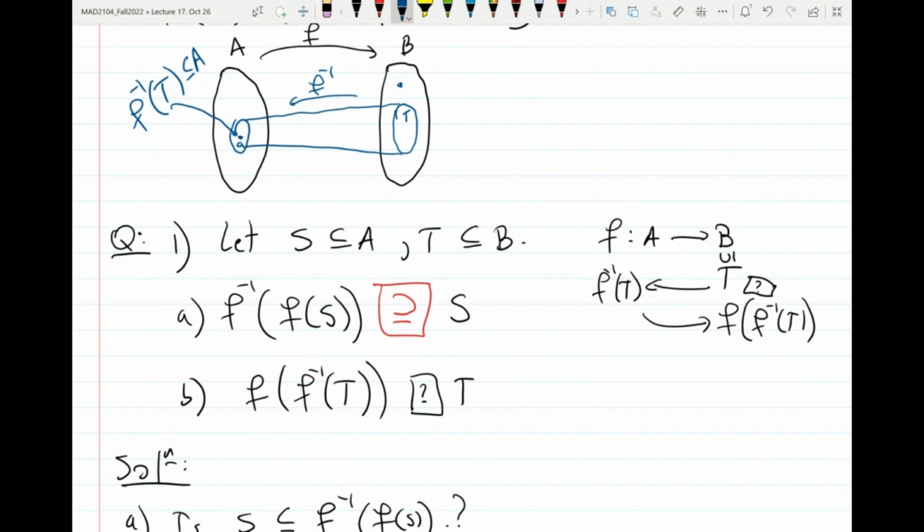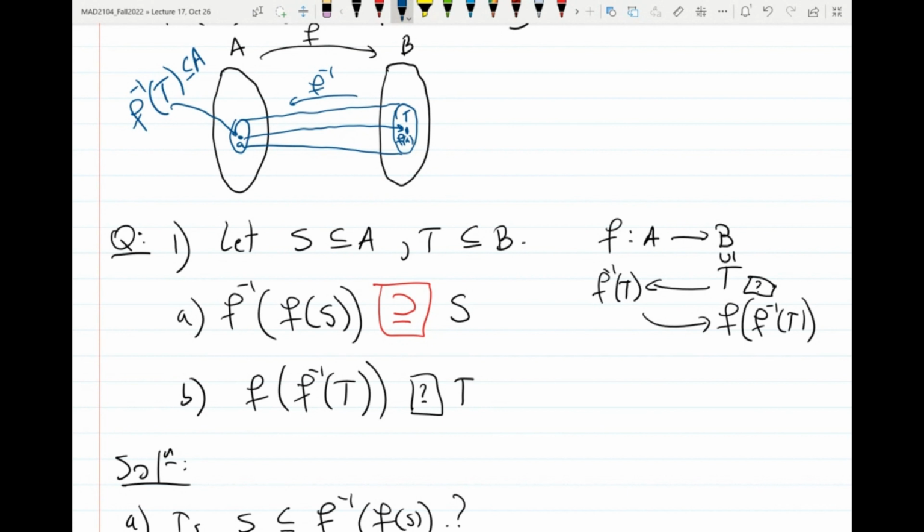It goes to T. That's what it means to be in the inverse image, right? It's an element that when you apply f, it goes into whatever that set is. Do you understand this? So that means that this guy will go in here, inside T. Yes? And this is f of a. That's the definition of inverse image. Do you understand this? It's like pulling back and forth. That's all we're doing. Okay?